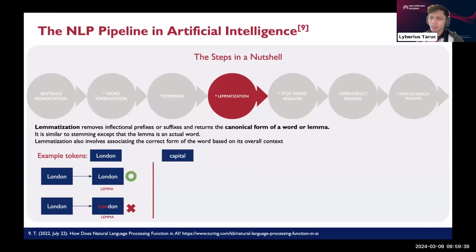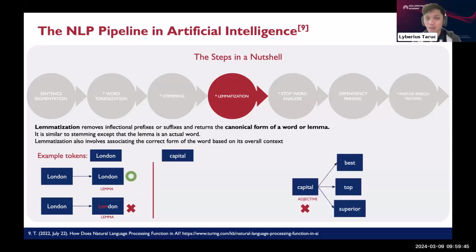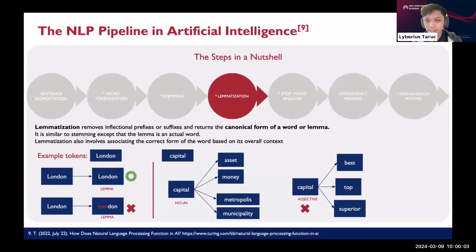But if we take the context of the example sentence I showed a while ago, we definitely do not want the lemma of capital to be the adjective form, which can mean the best, the top, or supervisor. Instead, we want it to be the noun form.